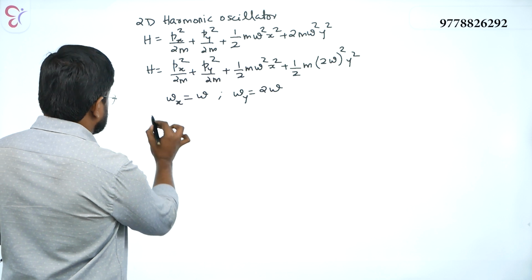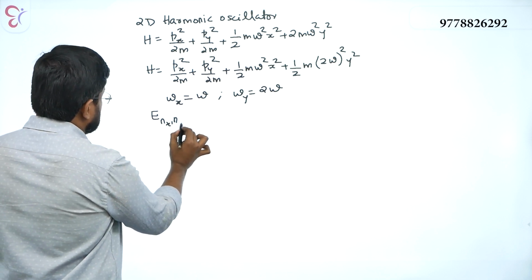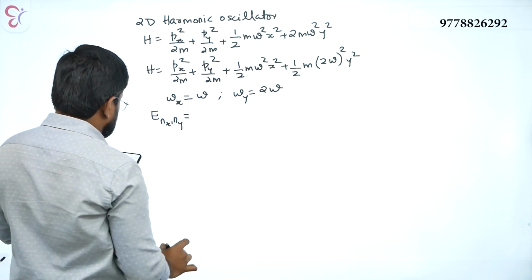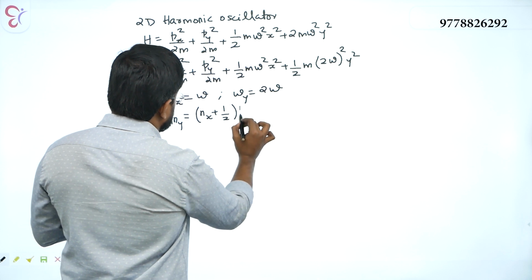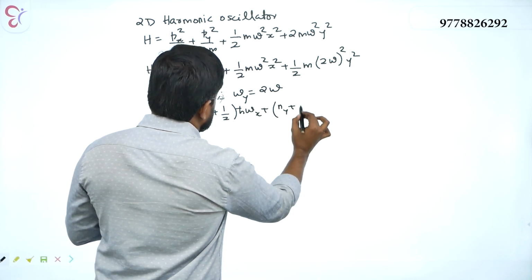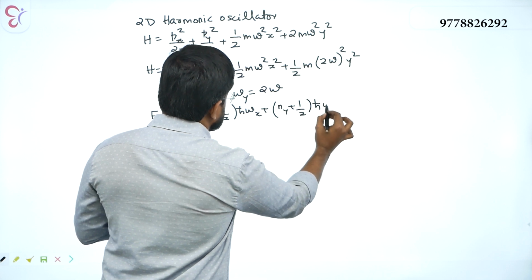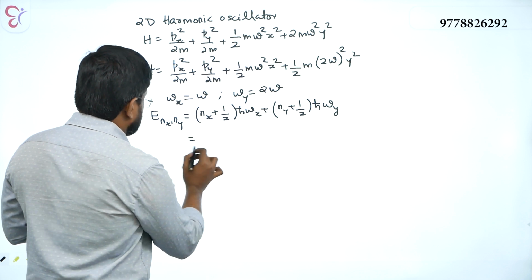So for a two-dimensional harmonic oscillator, the energy E(nx, ny) is equal to (nx plus half) h cross omega x plus (ny plus half) h cross omega y. Is it not? So just substitute the values.